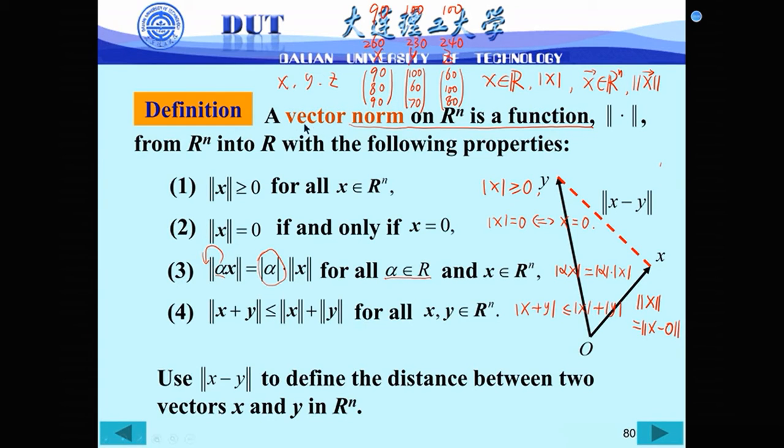Okay, that means you can define different vector norm. So that means norm is not unique, right? You can choose different norm. Okay, so the definition for norm, it is a function, but it needs to satisfy four properties.